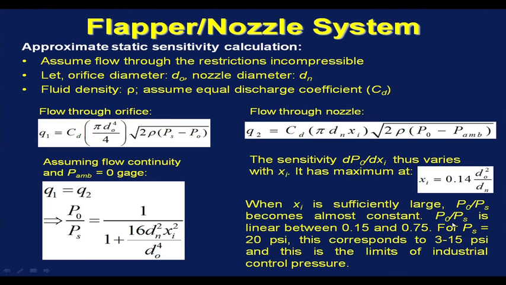However, P0 by Ps is linear between 0.15 to 0.75. For supply pressure Ps equal to 20 psi, this corresponds to 3 to 15 psi, and this is the limit of industrial control pressure.